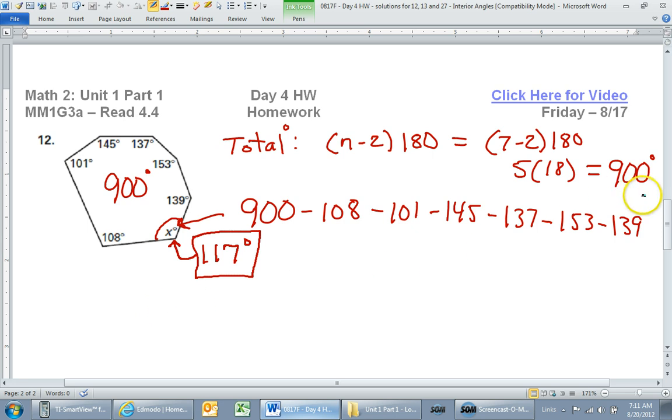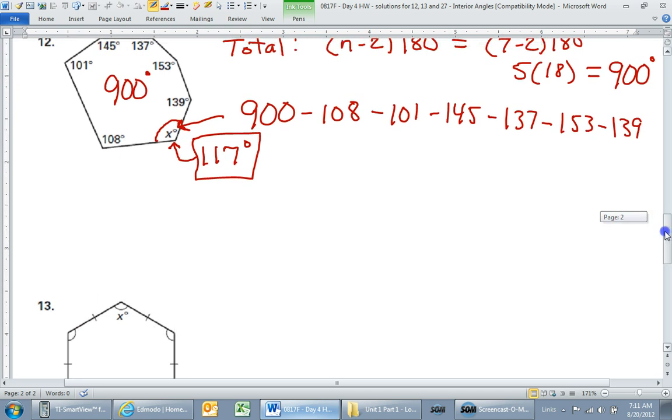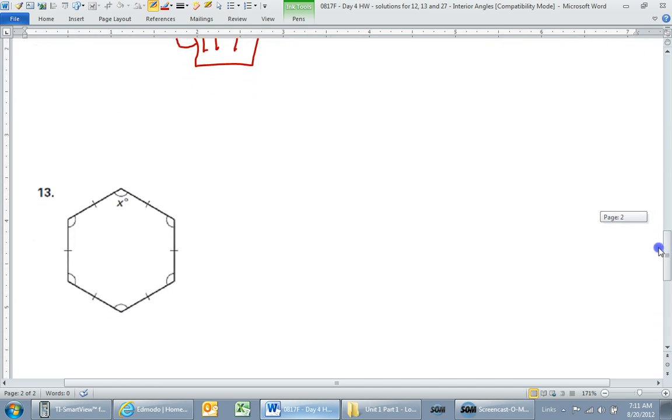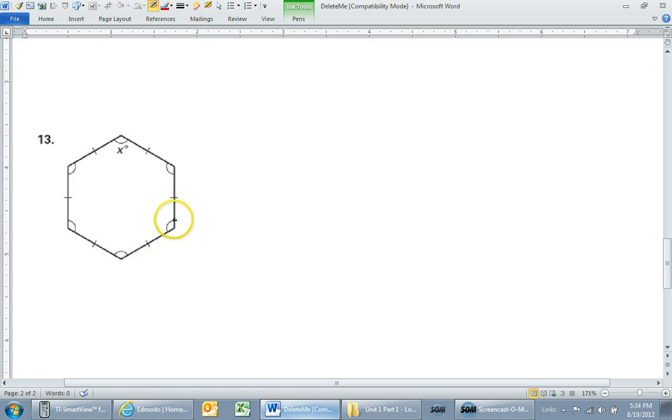Alright, now let's take a look at number 13. Number 13 is very much like number 12, except instead of giving you the measures of individual angles, they tell you that all of the angles are congruent.